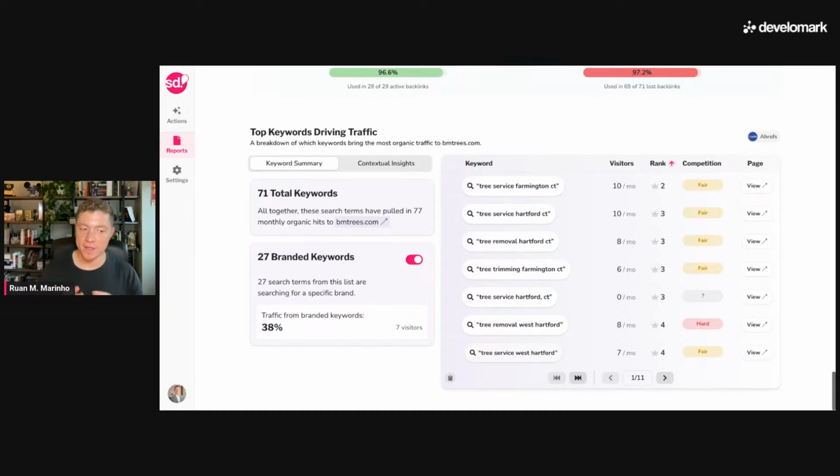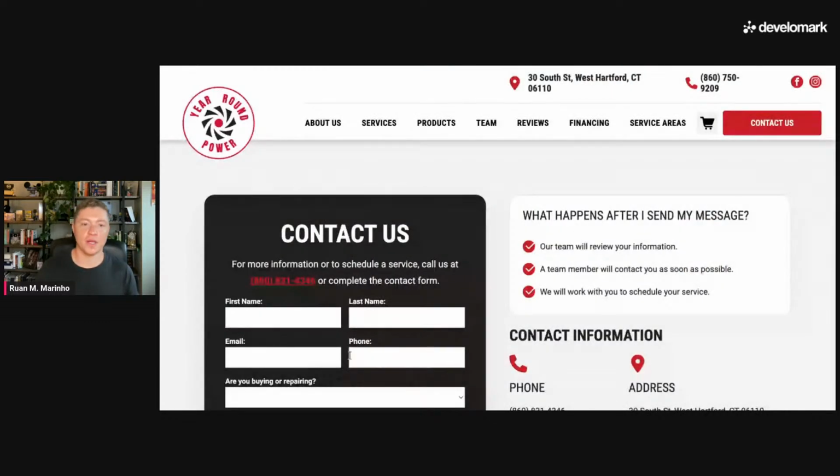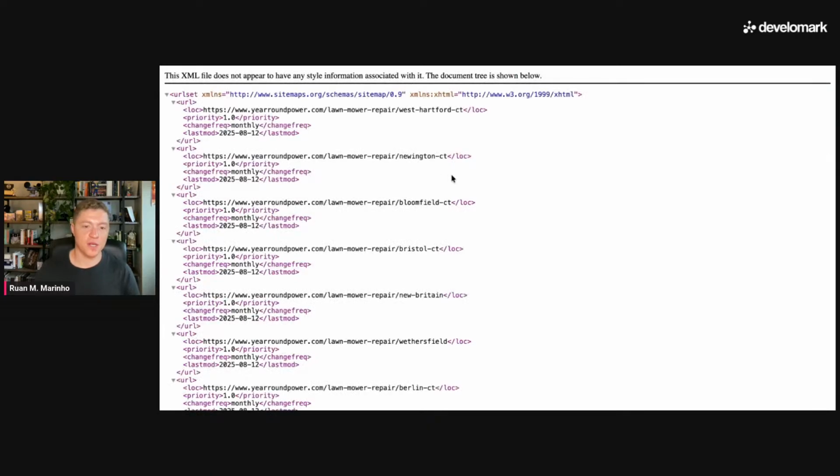Now, a big focus in our marketing is going to be creating dynamic service page area content for all of the towns that they service. And this is a simple conversation that you want to have with the customer. Basically, you want to say, where do you service and where do you not? If you look at this website on the front end, it looks like there's one page. But if you actually look at the sitemap, you'll see that there are a ton of pages optimized for SEO.